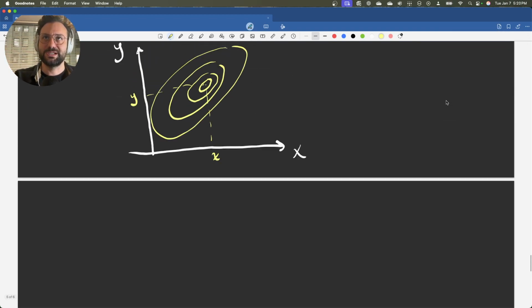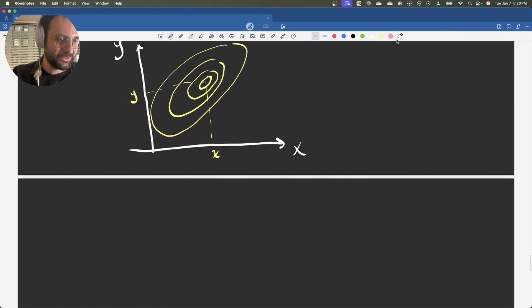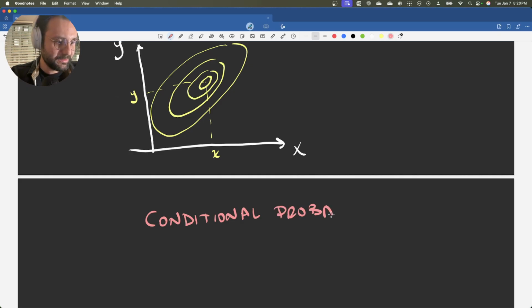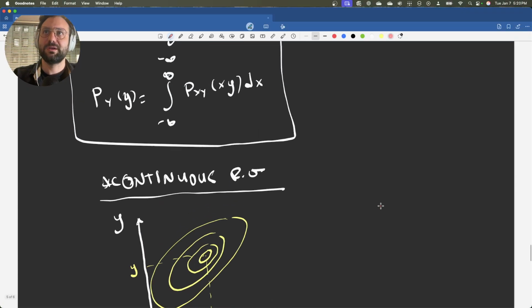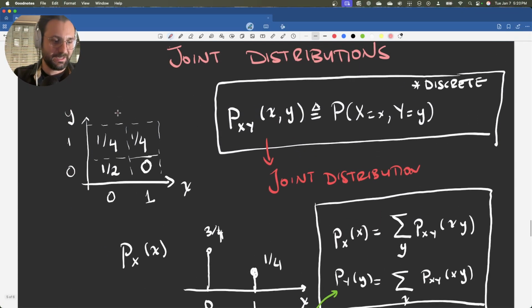One other thing that I would like to introduce in this video is the topic of conditional probability. If we look at this joint distribution, this is p of xy for this discrete random variable.